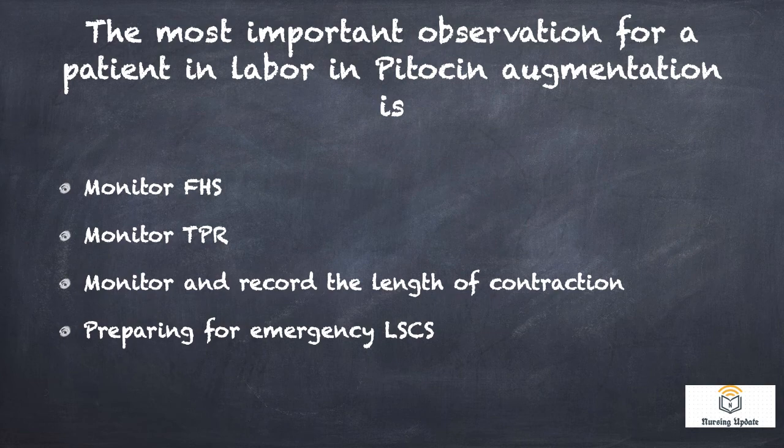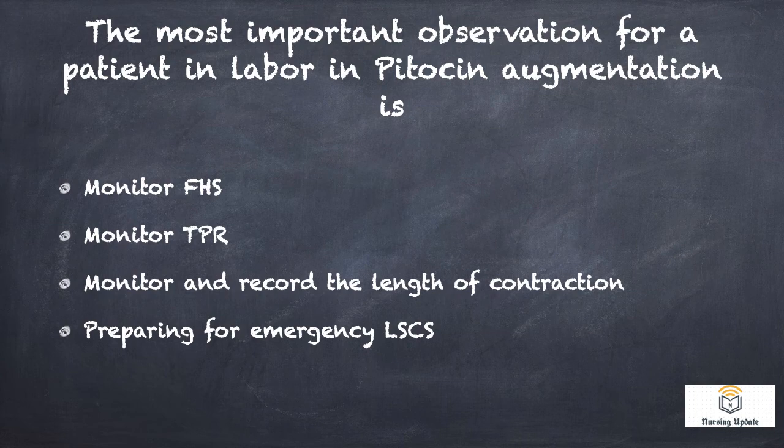Coming to the next MCQ: the most important observation for a patient in labor on pitocin augmentation is, what is pitocin augmentation? Oxytocin. So the patient is on oxytocin infusion. Why have they started oxytocin infusion? For enhancing the uterine contraction so that the baby will be delivered.